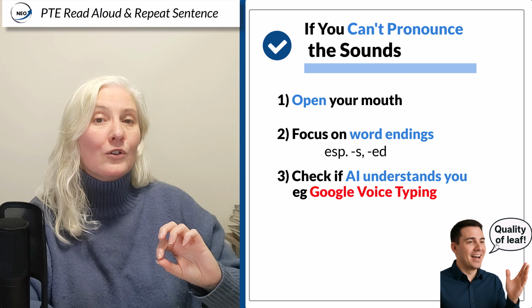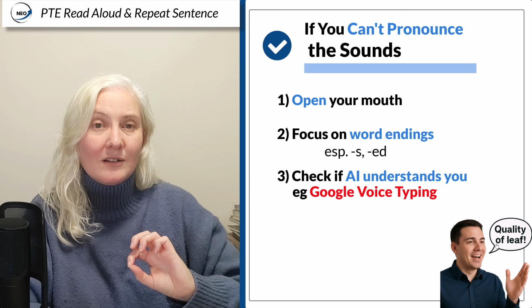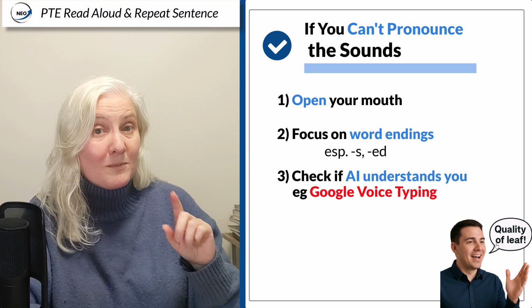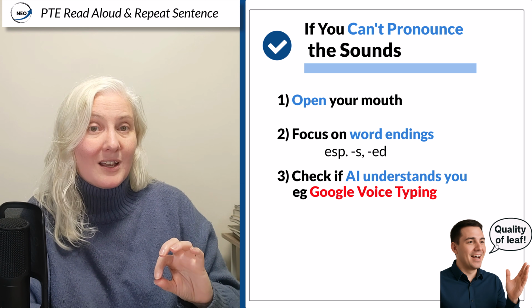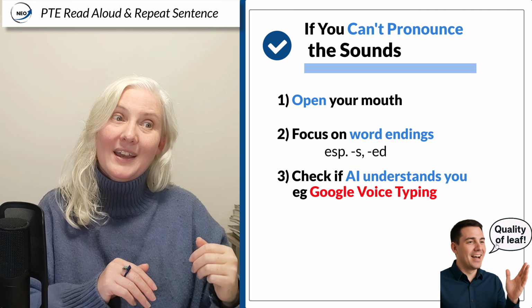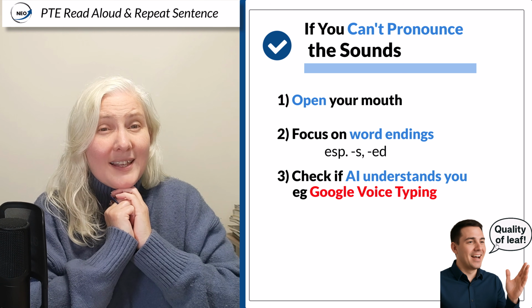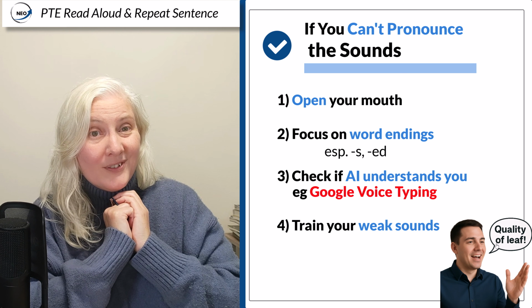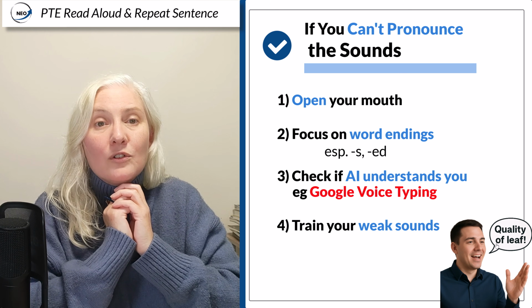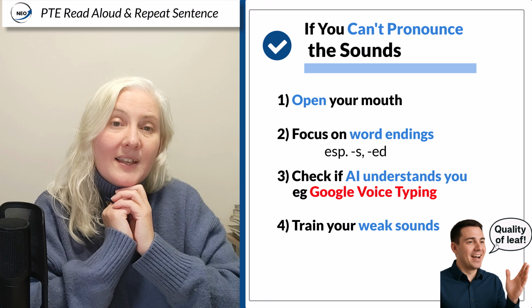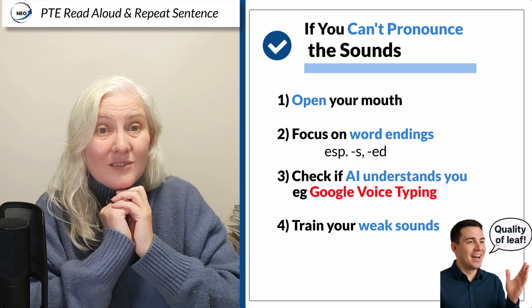And take note of what sounds it's not catching. And very often those sounds will be the endings. So make sure that you're saying those clearly. Okay. But other sounds that it might not catch you on really will depend on you, your personal speech patterns, and probably your accent too.